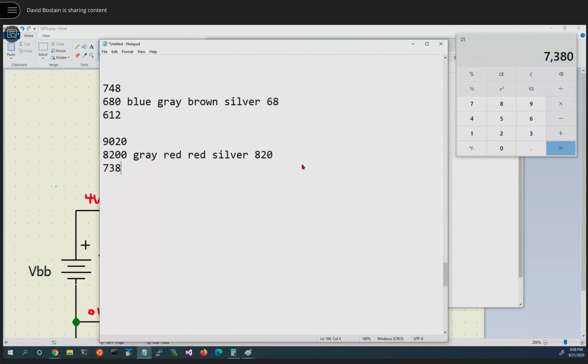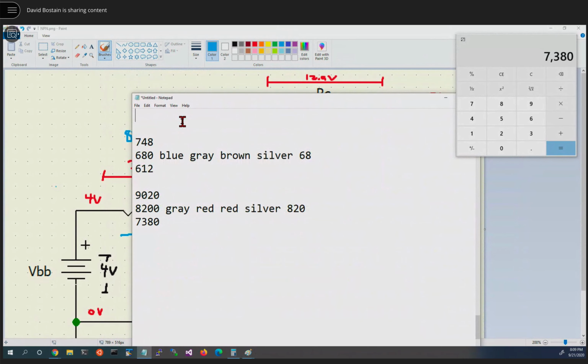Okay, so let's check these values. The voltage drop across the collector, I think, was 12.9. So we're using 12.9 volts. Just writing that down so I remember it. So we can take 12.9 and divide it by 748.